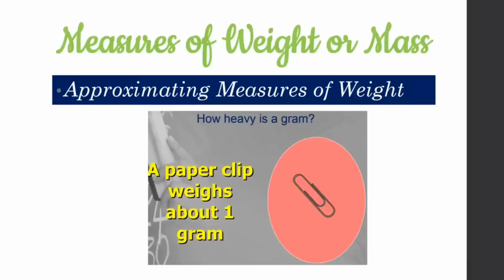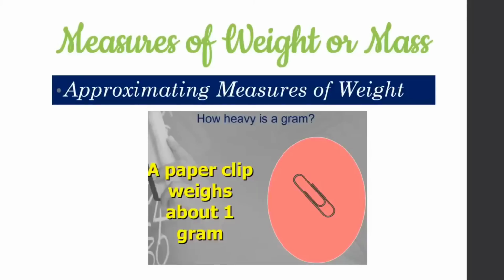So if you have 1,000 paper clips with you and you try to weigh them, the weight of those 1,000 paper clips is 1 kilogram. Okay, with that, we can say that 1 kilogram is equivalent to 1,000 grams.